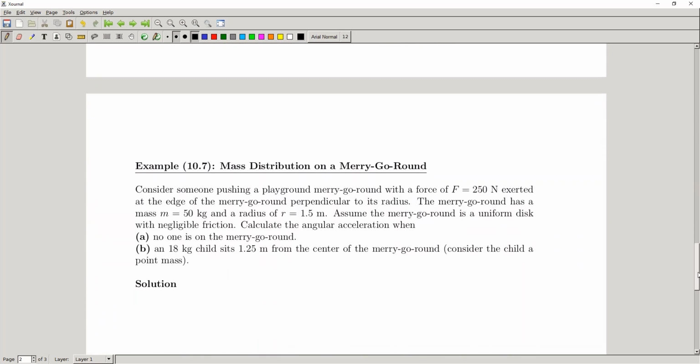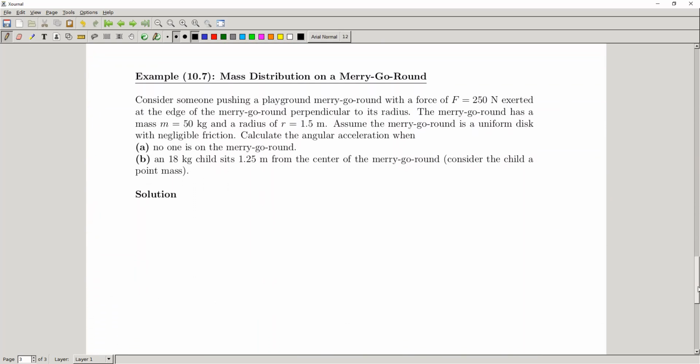Okay. And so let's do one example here. Again, we're only going to have time to look at one example because this chapter spans so much material. But even though we're only looking at this one example, you can imagine that almost all the examples we did in modules 3 and 4, where we were dealing with forces and friction and such, would have rotational parallels that I could make problems out of.